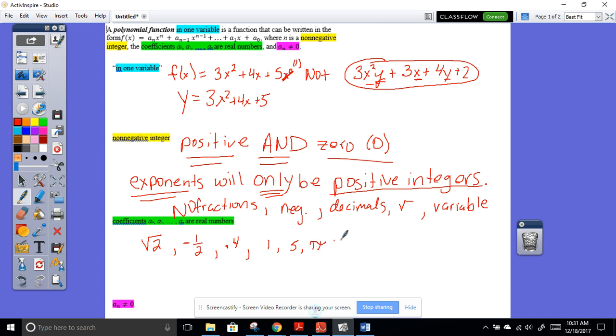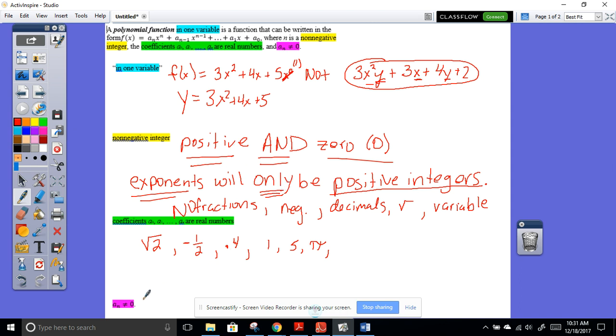Ooh, they could be pi. So when I start giving the rules about the exponents, students only hear half of what I'm saying, and they think that nowhere can I have the square root of 2. No, the square root of 2 can be the coefficient, because my coefficients just have to be real numbers. It's my exponents that are restricted to only positive integers.